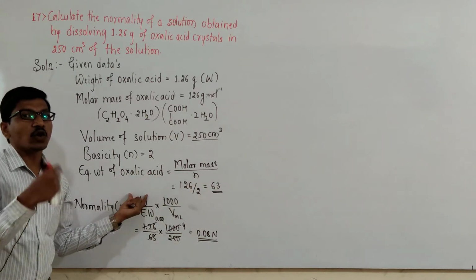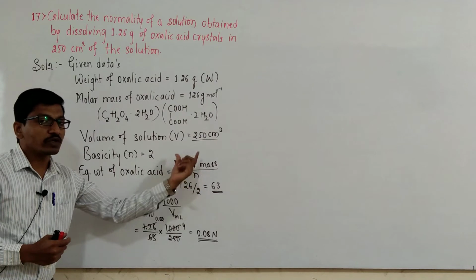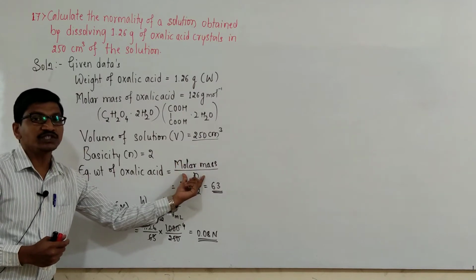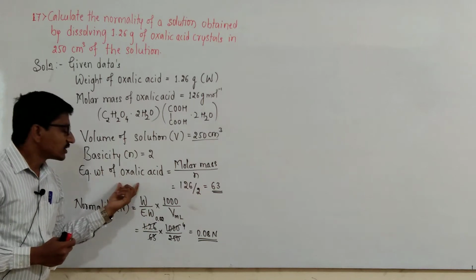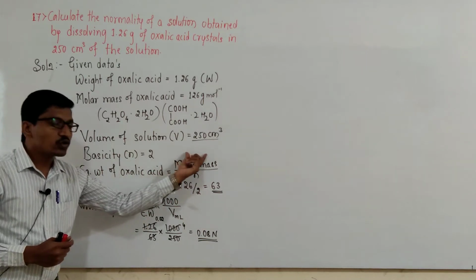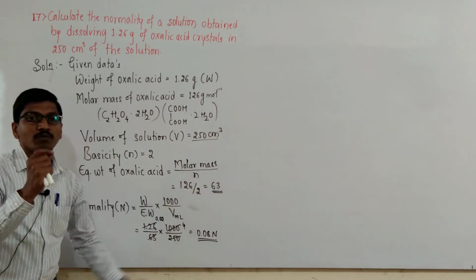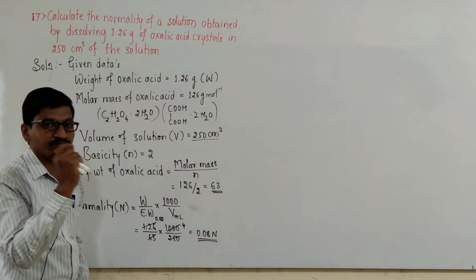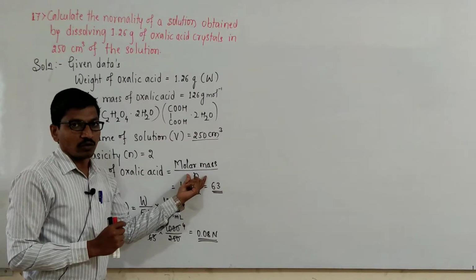For an oxidizing or reducing agent, it is molar mass or molecular weight divided by the change in oxidation state. For a salt, equivalent weight of salt is equal to molecular weight or molar mass divided by n, which is the total number of positive charge on cation or total negative charge on anion. Okay.